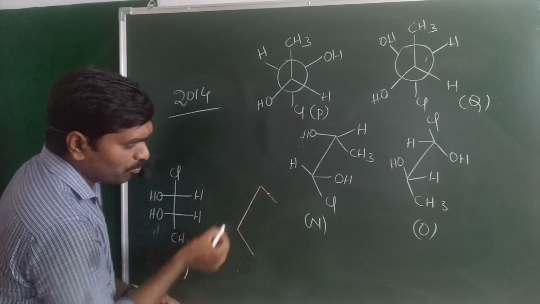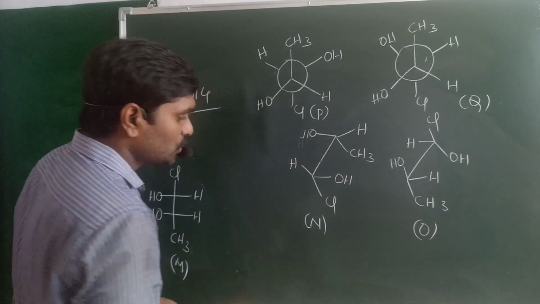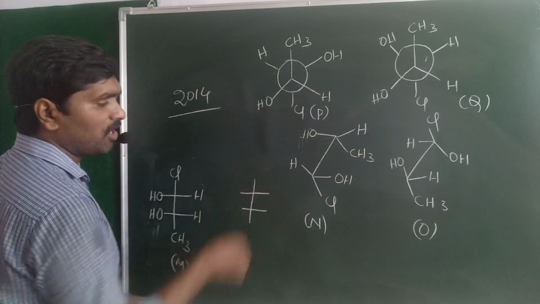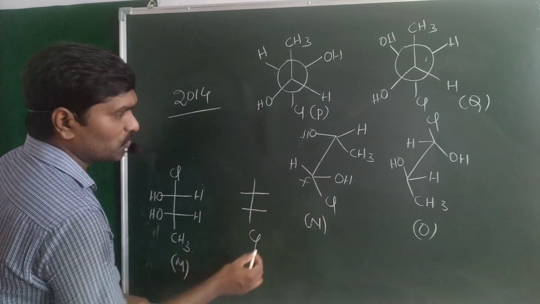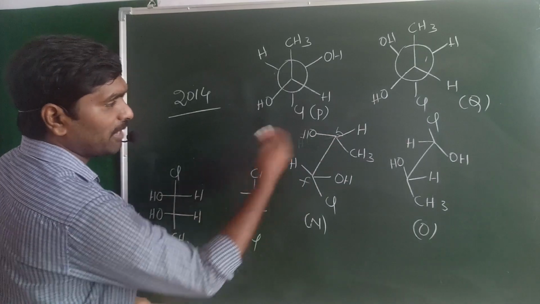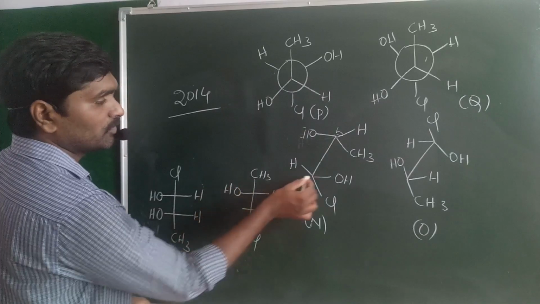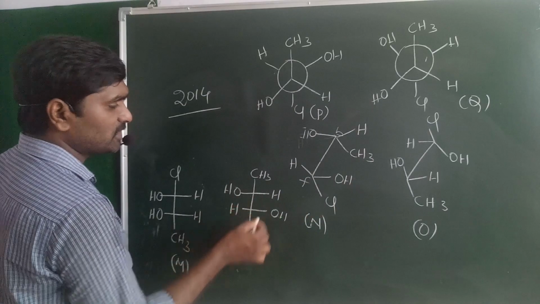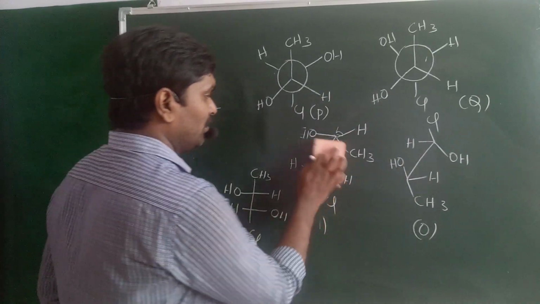How do you convert into the Fischer? You write the vertical and horizontal lines. On the front side carbon, on the vertical line you have the Cl group. On the back side carbon, on the vertical line you have the CH3. Same configuration: right side hydrogen, left side OH group. On the front carbon, OH is on the right side, H is on the left side. Which is nothing but N.